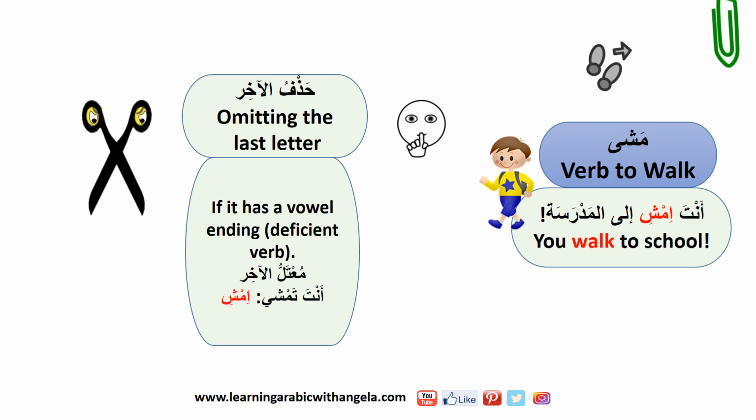Walk to school. If you look carefully, you notice that the last letter, the alif al-maqsura, is omitted. Why? Because the verb has a vowel ending. So أنت امشي with a kasra. And we've got the beautiful scissors here to remind you of that.